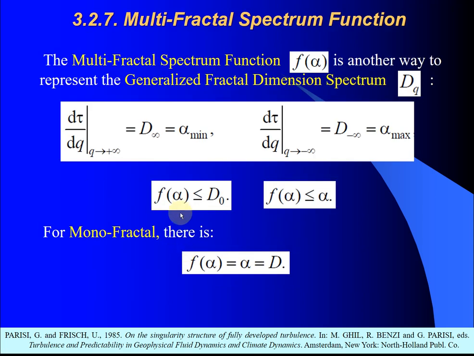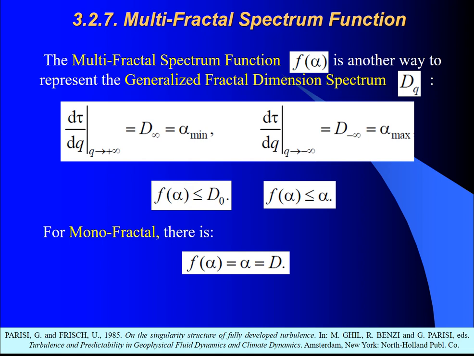And now let's consider the multifractal spectrum function. This is another way to describe multifractals, and as for me, this way is better than the generalized fractal dimension spectrum. Why? I can explain it, and let's consider what we have. The argument of this function is the value alpha.